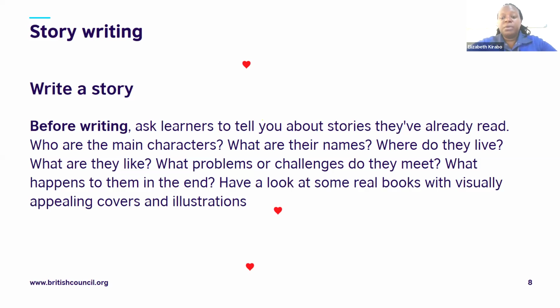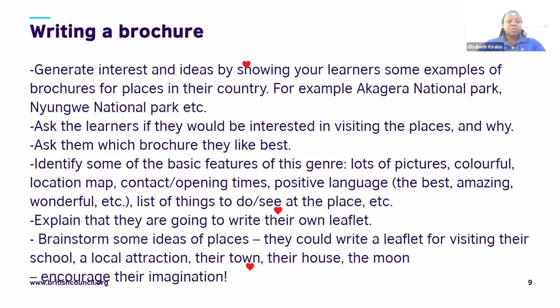You can also come up with a book cover that is visually appealing and then ask them a lot about that, what they think about that book cover. By doing this, you're triggering their interest in writing. They get interested in writing. So that is one of the activities we could do to develop our learners' writing skill.